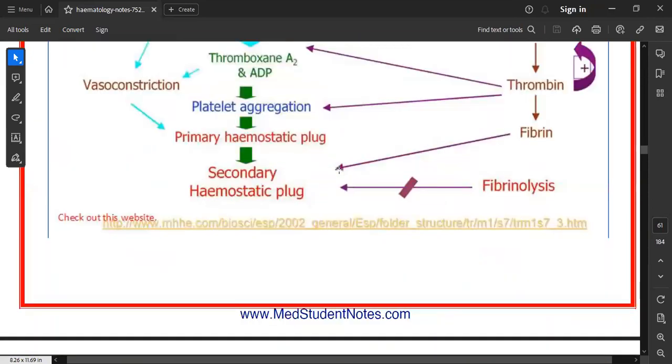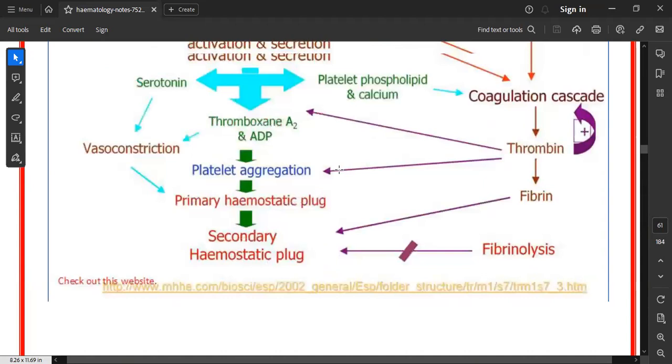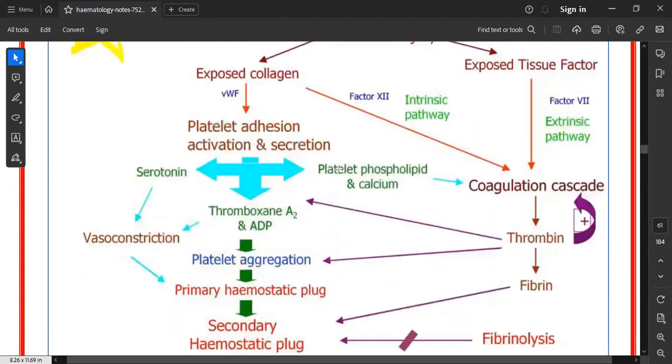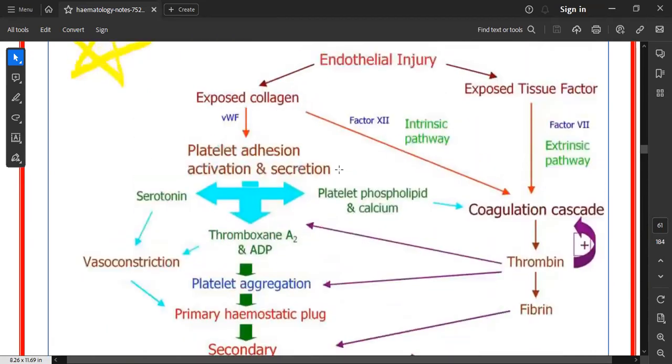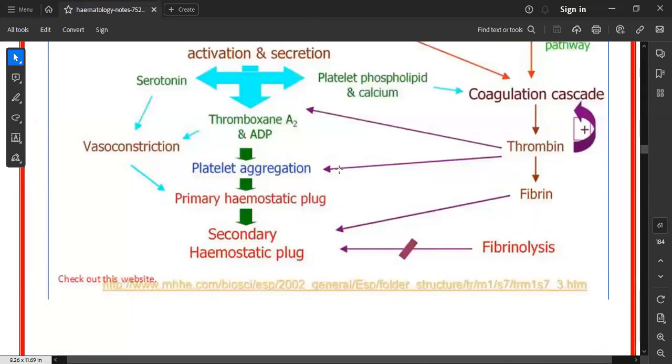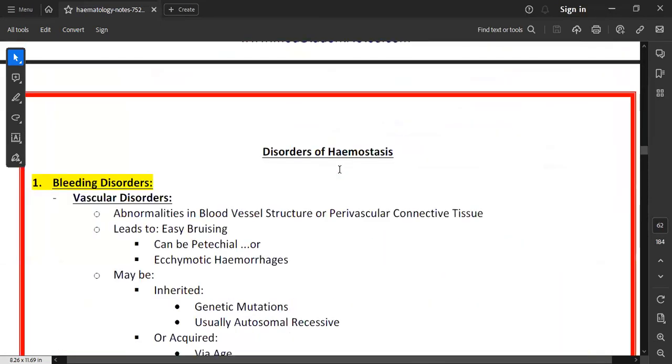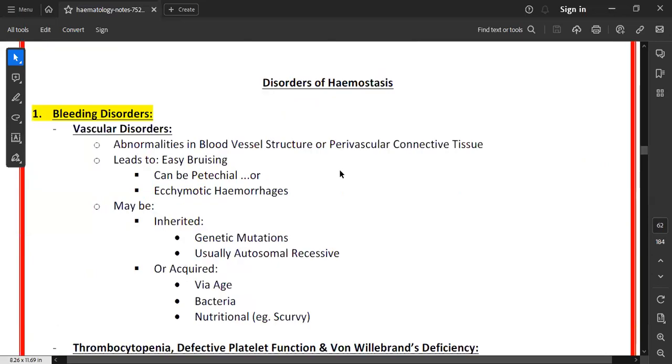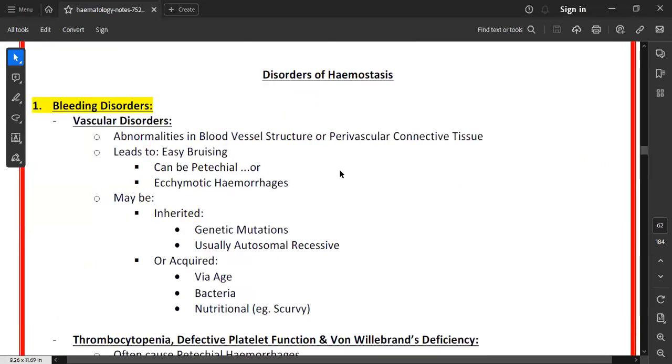So just like different diagrams, whichever you find easy is what you can use to study the cascade. So we can go to the disorders of hemostasis.